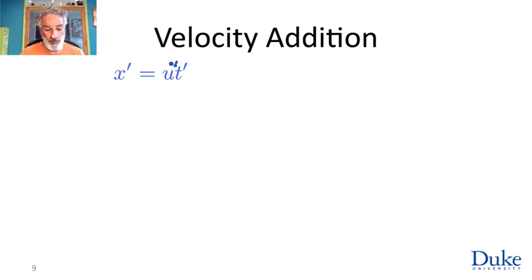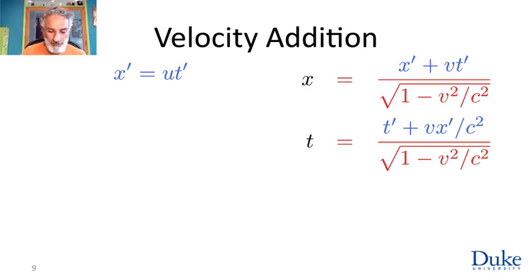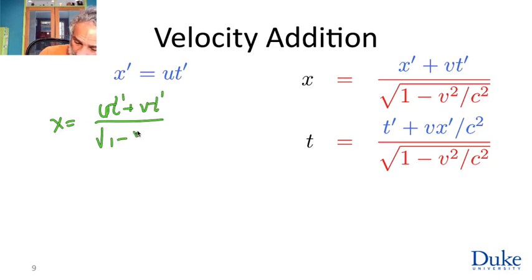So again, I draw the world line of the moving object as x prime equals u times t prime. I use my Lorentz transformations, plug in this information, and solve for x. So for example, x is equal to u t prime plus v t prime over the square root of 1 minus v squared over c squared.